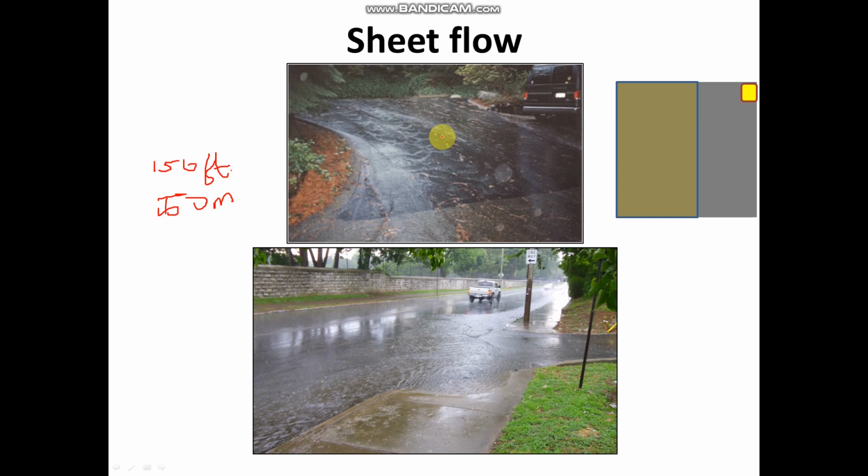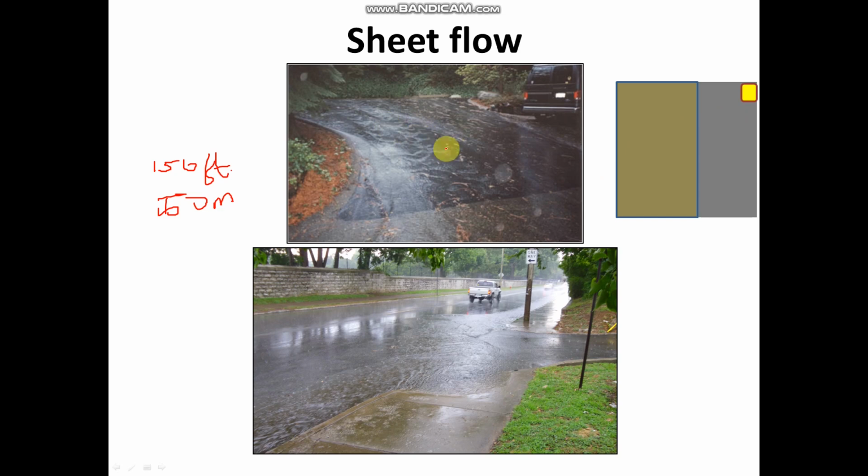So the sheet flow is very useful in the modeling of inlets or grades. You have seen the road grades or curb openings to intercept this type of sheet flow runoff.